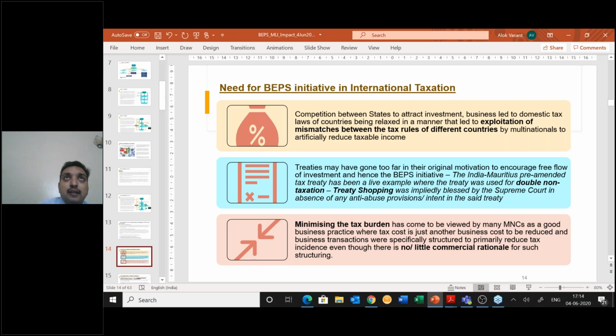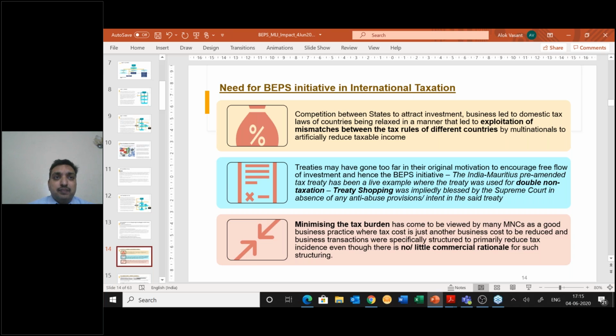Accordingly, business transactions were structured in a manner to primarily reduce the tax incidence, even if it meant that they created structures which did not have any commercial or economic rationale. Those were structures in form, but in substance, those structures did not have any weight.